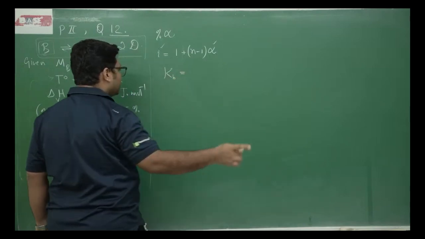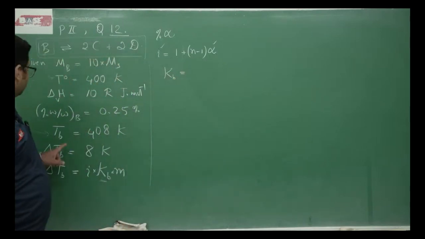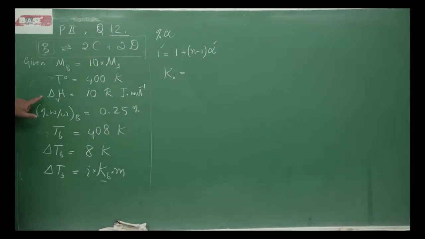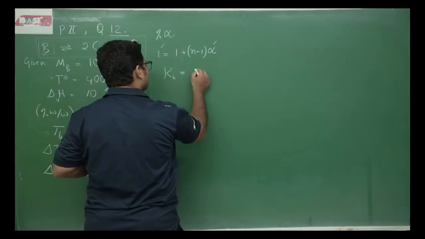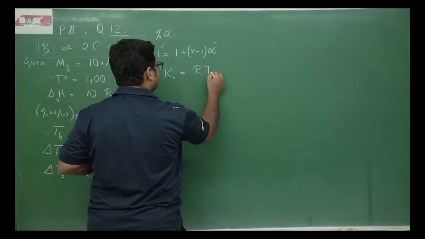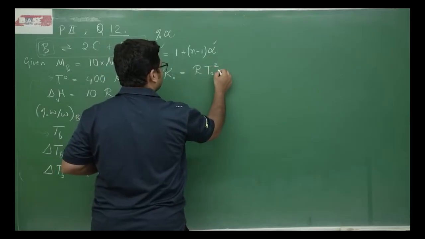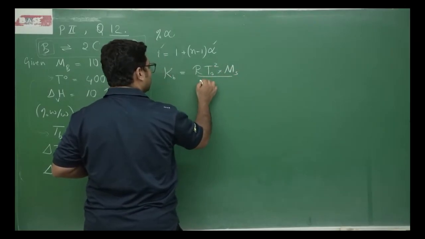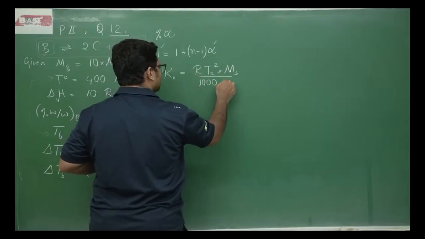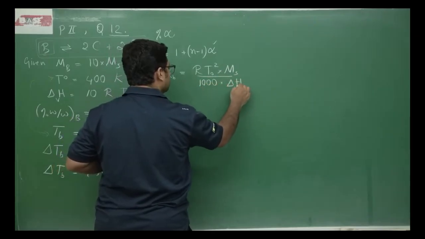So first I need to get the value of Kb. Kb value is not directly given here, so we can use the thermodynamic relation of Kb with molar enthalpy of vaporization, which is R T naught square into molar mass of solvent, whole divided by 1000 times enthalpy of vaporization.